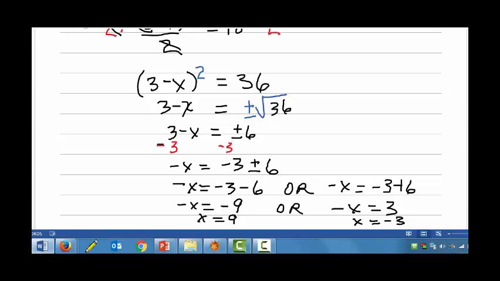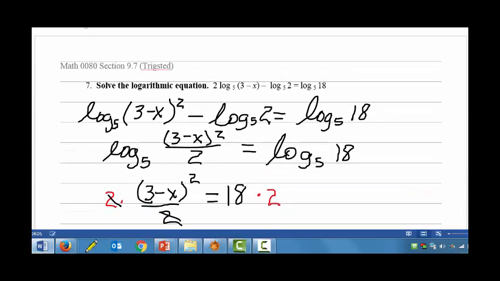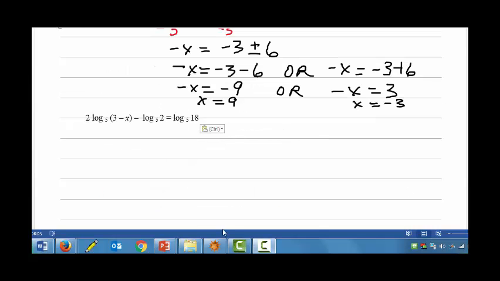Now, remember, I can either find the domain of the equation, or I can just check to make sure that this doesn't give me anything undefined. So the original equation is what I want to go back to. So I want to go back to this and replace all x's with 9. So this is my check.